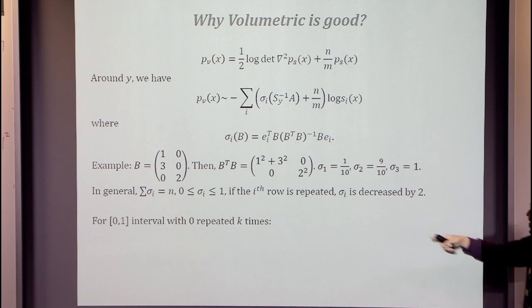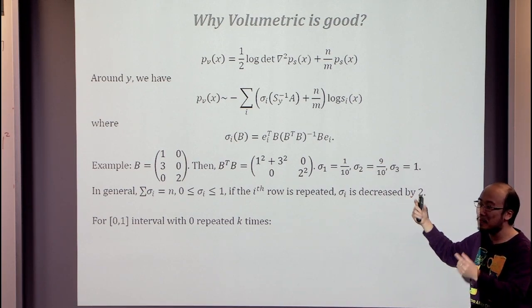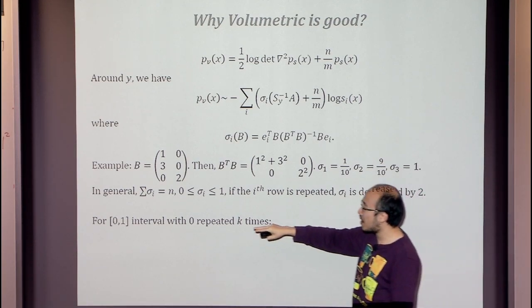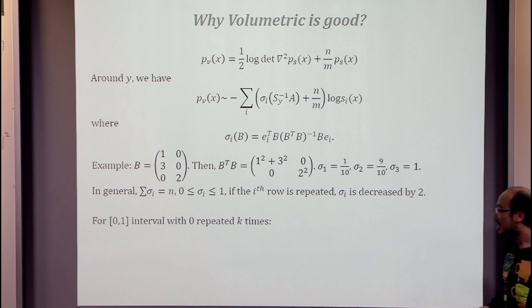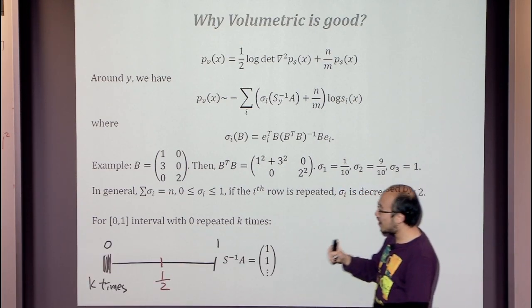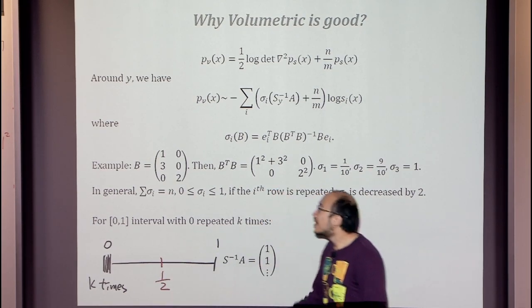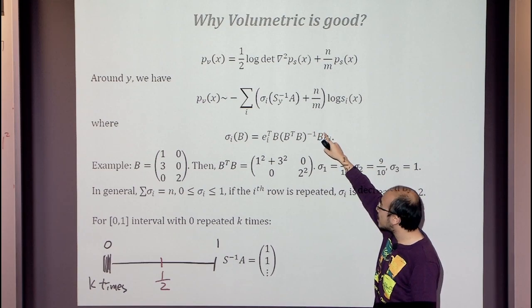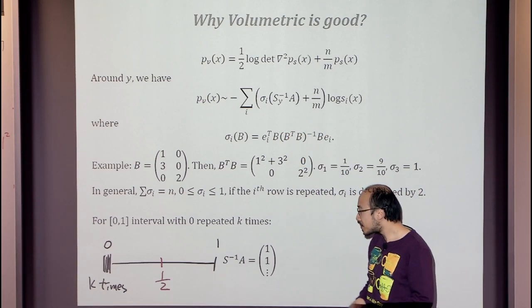And to look back at the previous examples, imagine you have a 0-1 interval and the 0 constraint repeated k times. If you say your current point is in the center, then if you put it in that formula, you need to compute what S inverse A is.